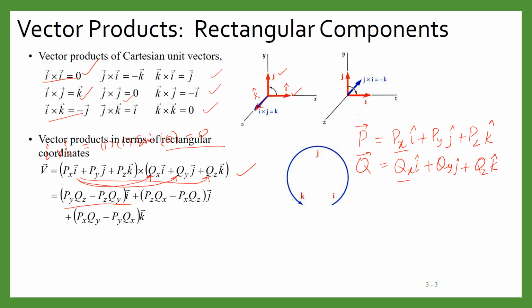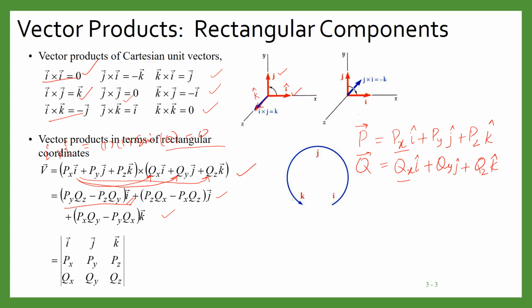Similarly all other terms, and take the terms having the same directions common, then you will find that the vector product will be (pyqz minus pzqy) into i, then (pzqx minus pxqz) j, and (pxqy minus pyqx) into k. So this you can obtain when you take the vector product of p and q.